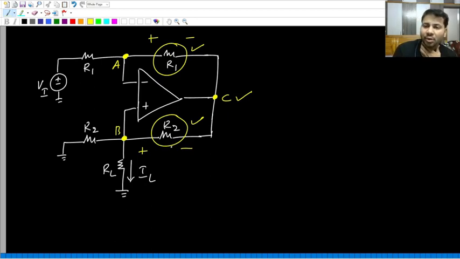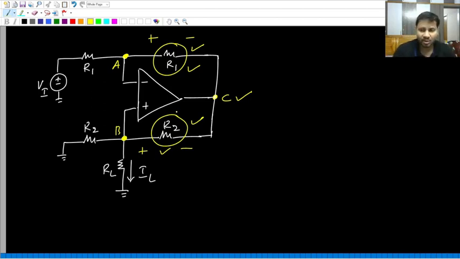This is purely due to virtual short. R1 and R2 are not connected in parallel physically, but because of virtual short, it is as if they are connected in parallel, so they have the same voltage drop. I hope this argument is clear.